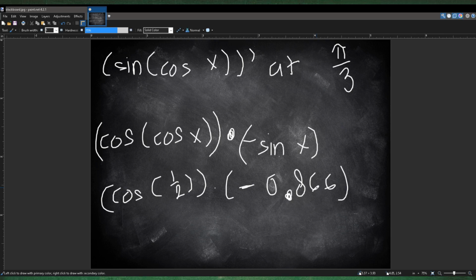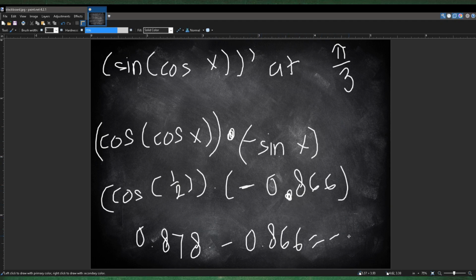So cosine of 1/2 is about 0.878 rounded, and then we have negative 0.866, right? So we just have to multiply them together. So multiplying that together, it's approximately, I'll try to use approximately if I can't draw.